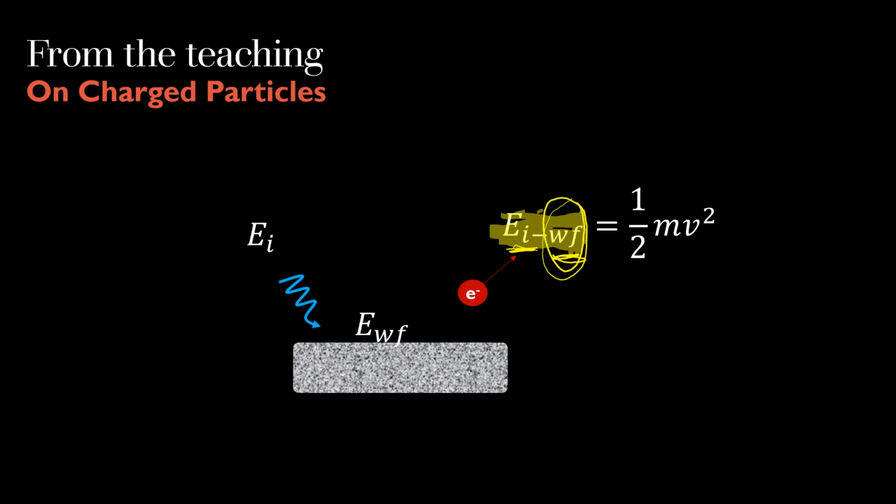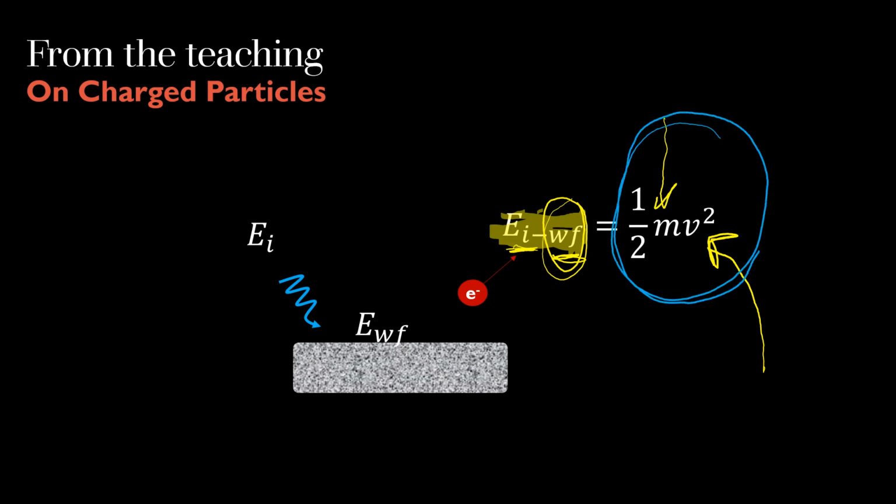So what do we know? Well, we know the mass of an electron. We know the speed because it was given to us in the question. So therefore we can work out this, and if we know what this is, then we know what this is.